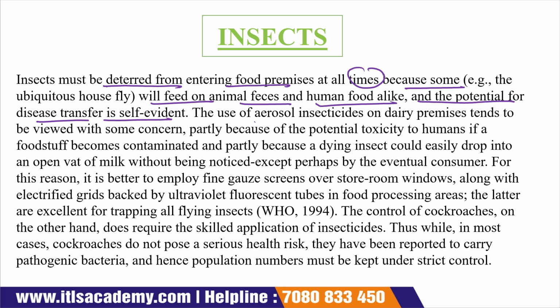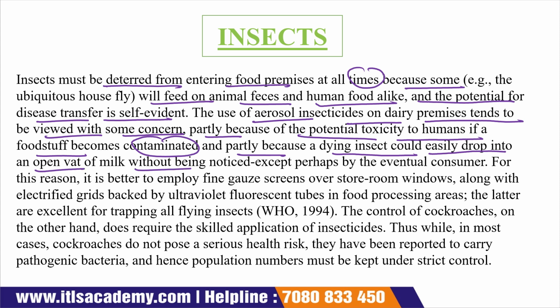The use of aerosol insecticide on dairy premises tends to be viewed with some concern, partially because of the potential toxicity to humans if foodstuff becomes contaminated, and partially because a dying insect could easily drop into an open vat of milk without being noticed, except perhaps by the eventual consumer.